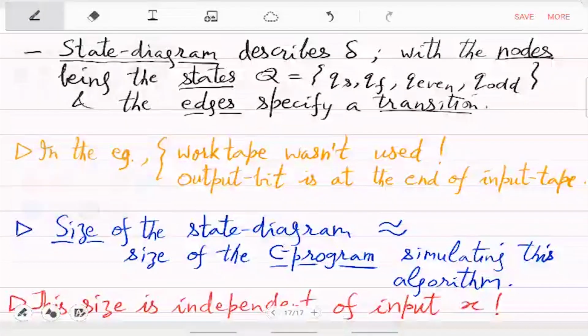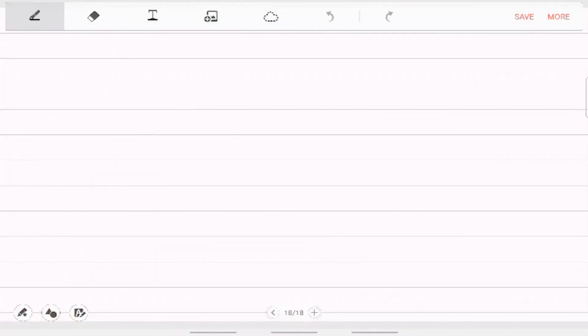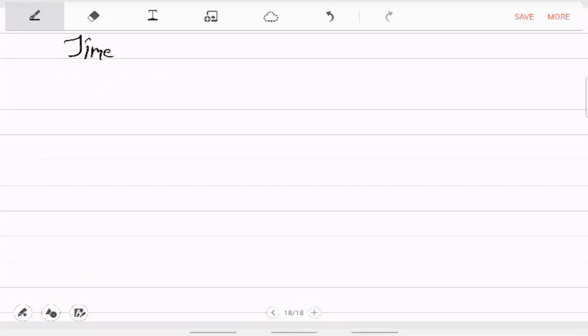Okay, so that was a quick recap of things you learn in theory of computation. And now let us get down to counting the resources, bounding them. So we start with the time complexity of a Turing machine.